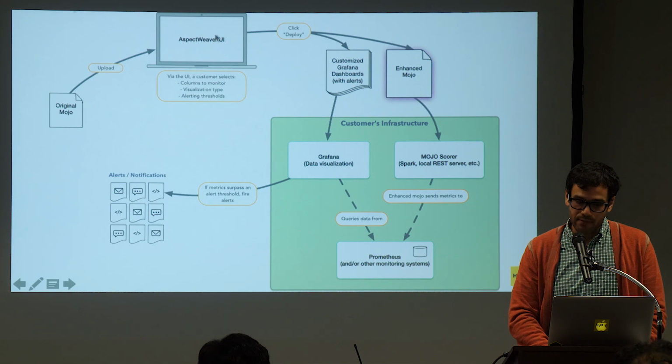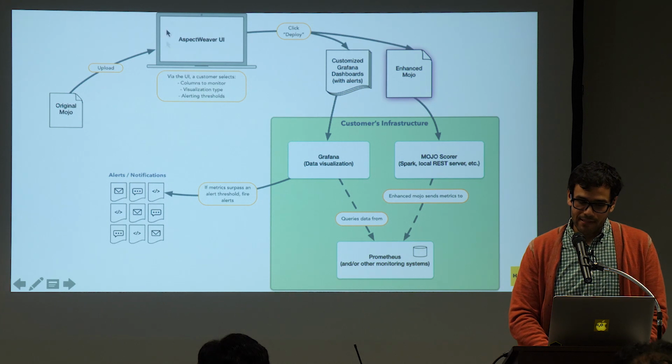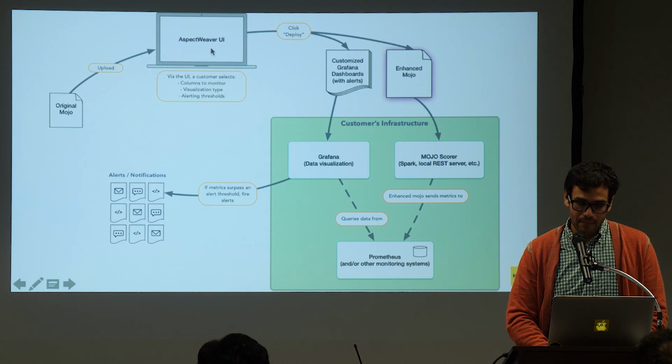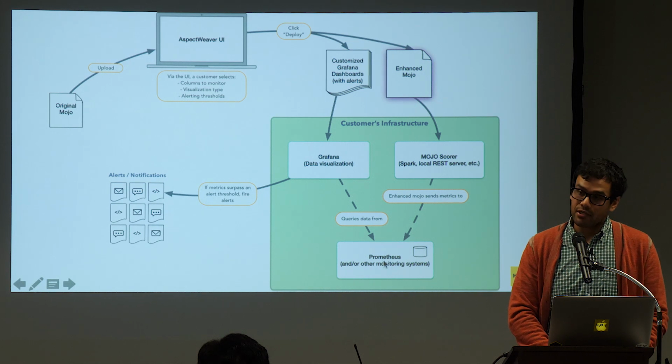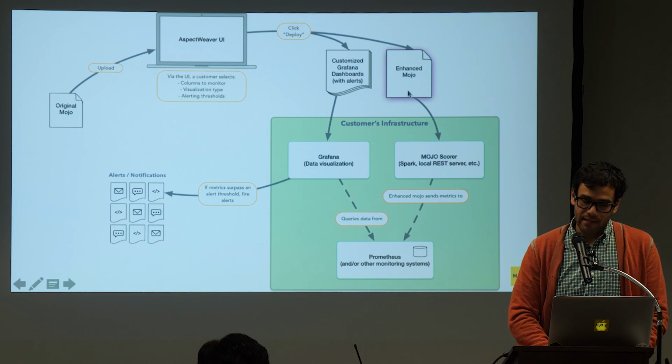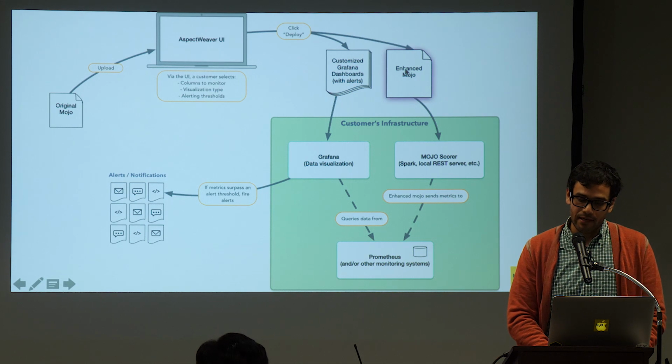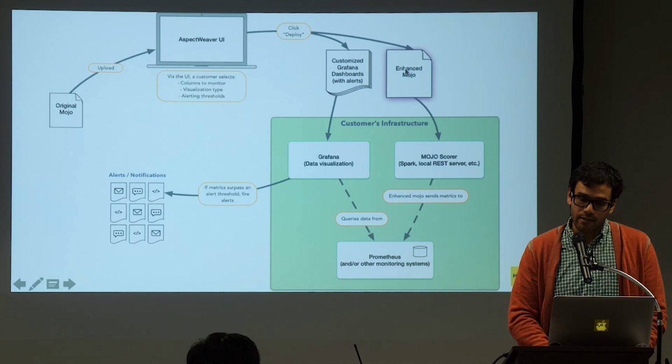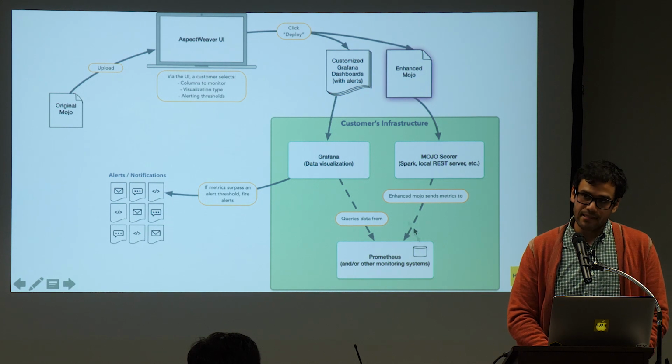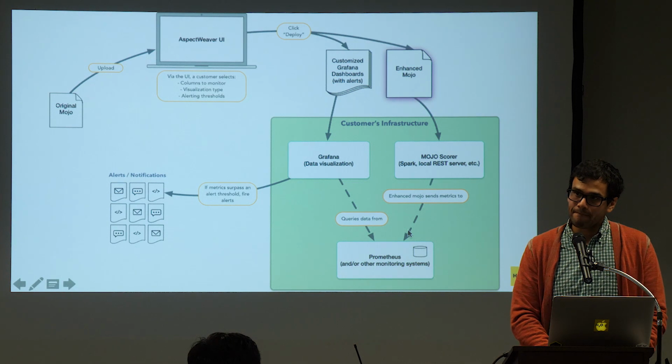It's just through this process of enhancing the mojo that this enhancer, if you will, knows of the location of your Prometheus. And so the enhanced mojo really just carries information like, hey, when we're being scored, we should broadcast some information to the Prometheus in the environment. Yeah, thanks for letting me clarify.